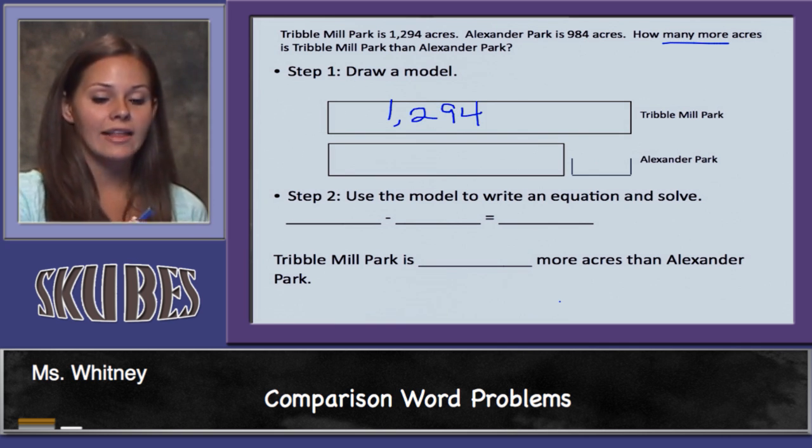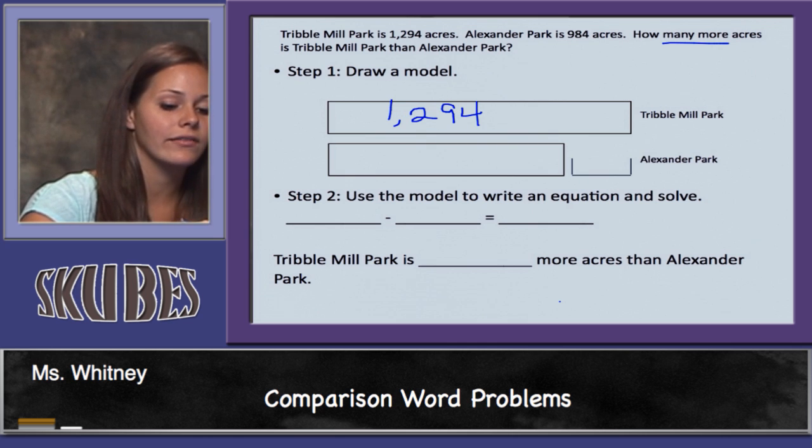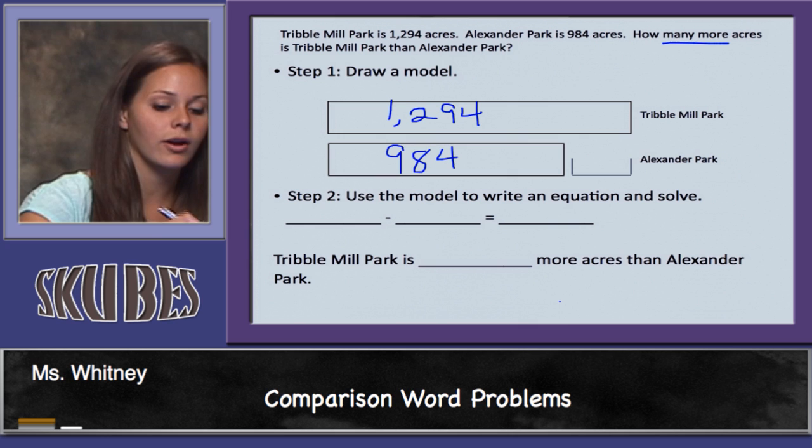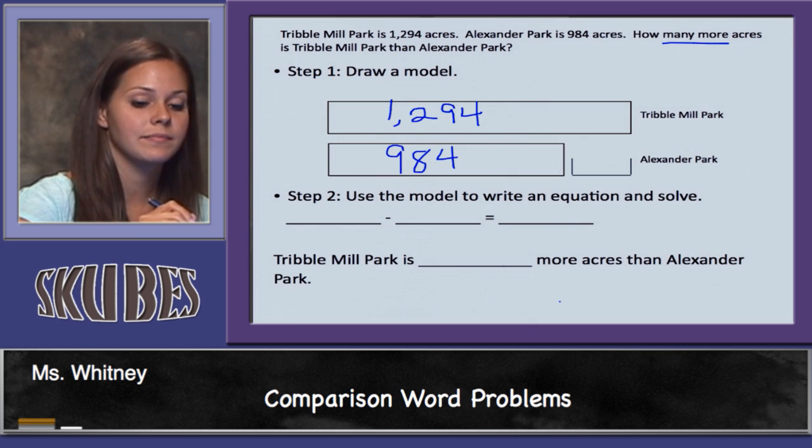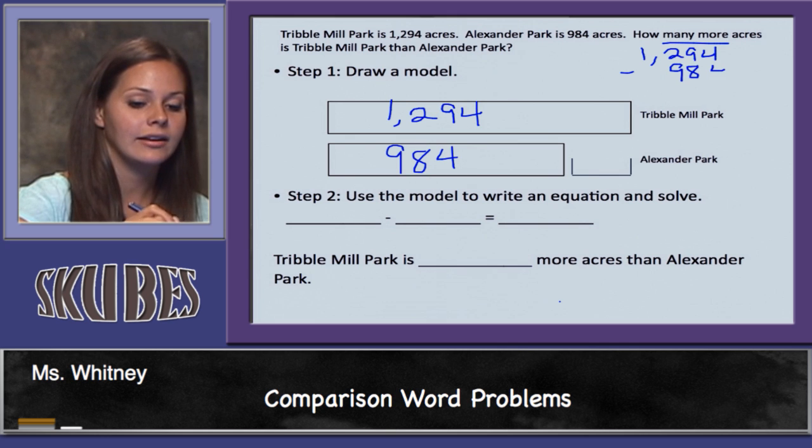Then we'll record Alexandra Park's acres of 984. We need to find the difference, so we will subtract 1,294, take away 984.